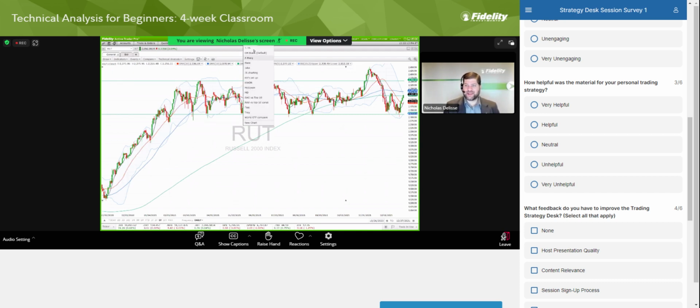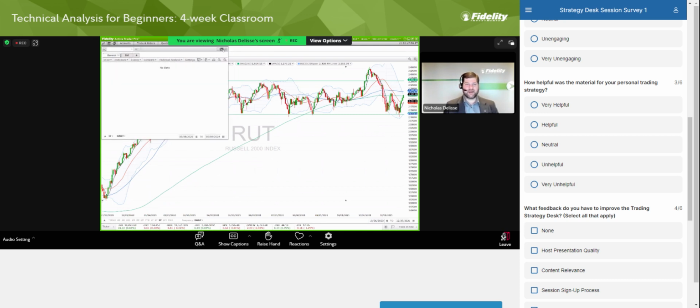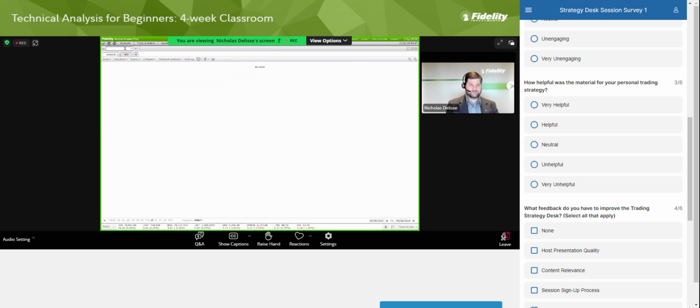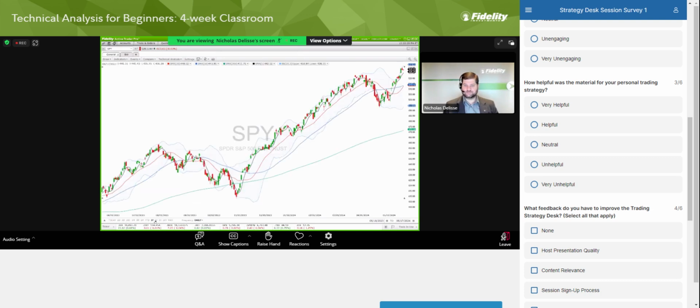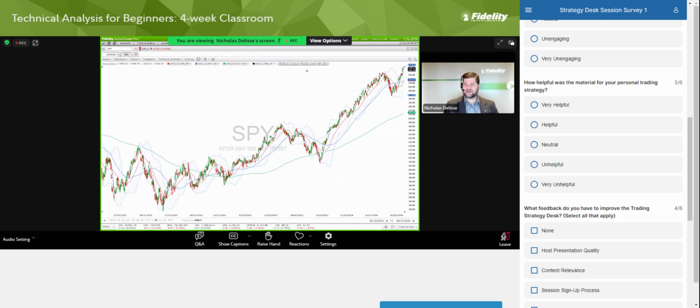Another example I like to use to highlight this, which helps us get rid of the noise, is here's a 2-year chart on the S&P 500. And I'm just going to remove some of these other indicators. We're left with just the 20, the 50, and the 200.